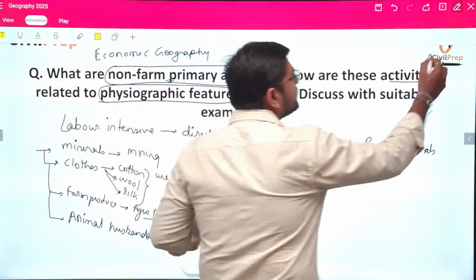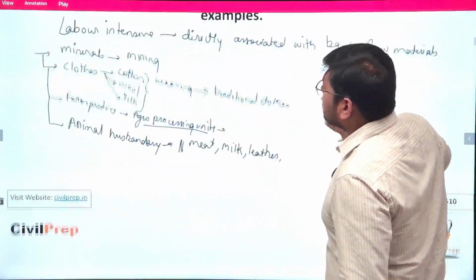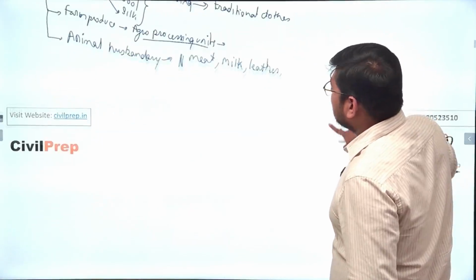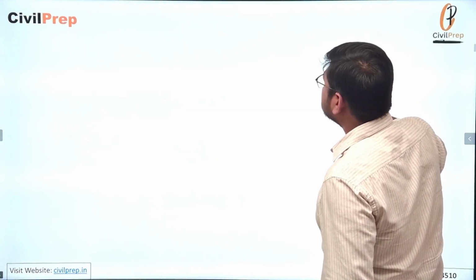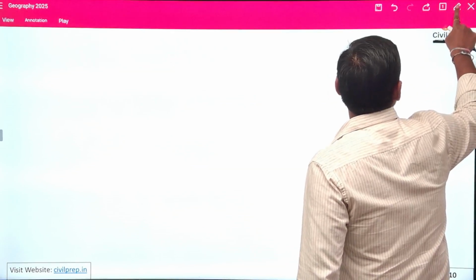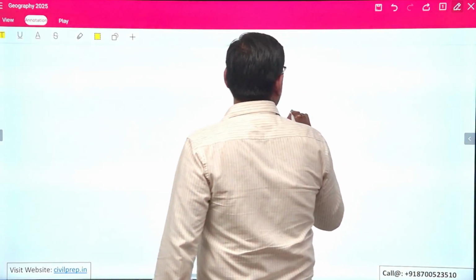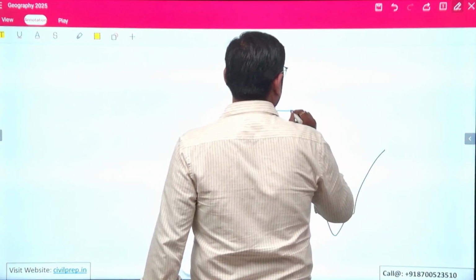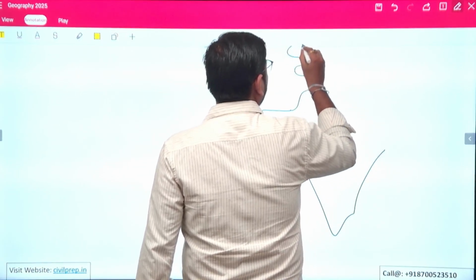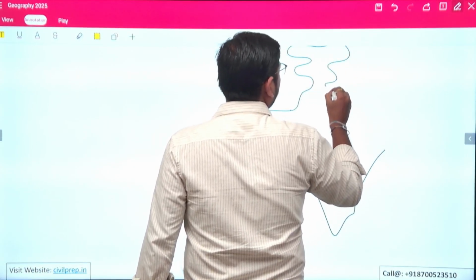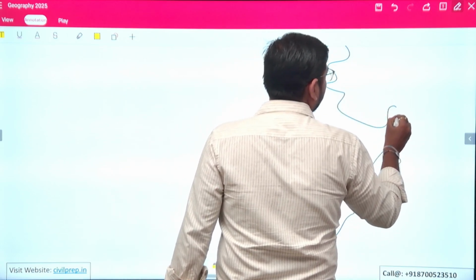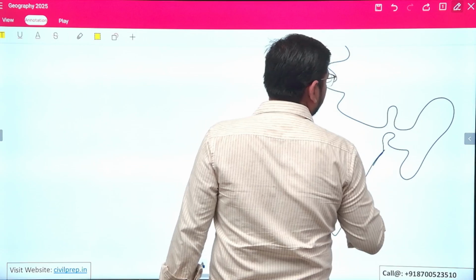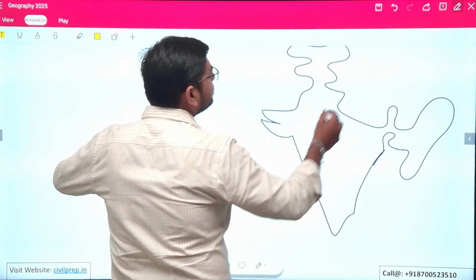जैसे मैं आगे फिर इसमें स्टेप अप करता हूँ, तो I have to show all these things over the map of India. तो मैं एक इंडिया का मैप यहाँ पे बनाऊंगा. Okay, so this is map of India.